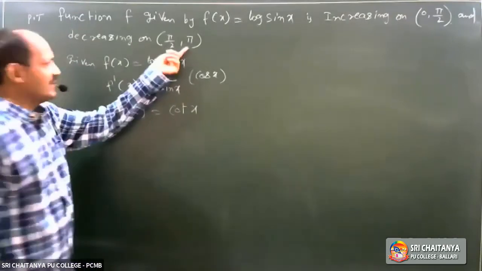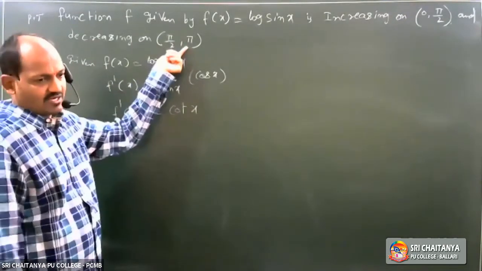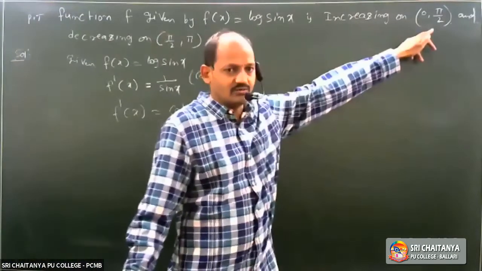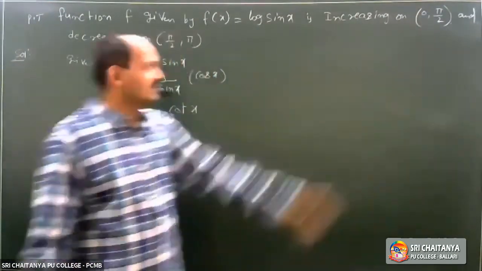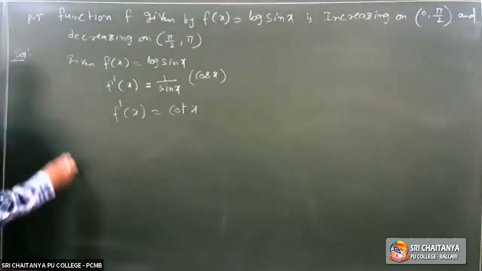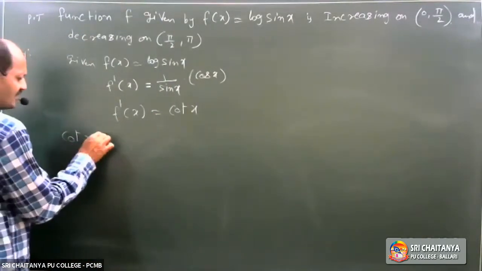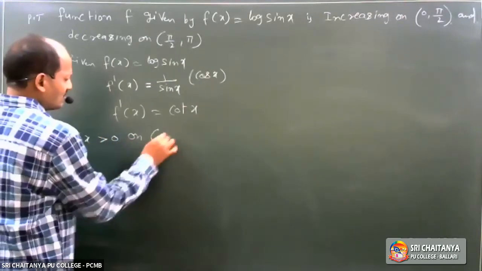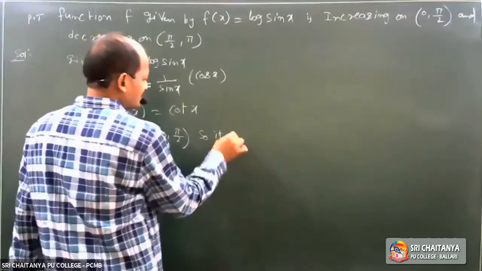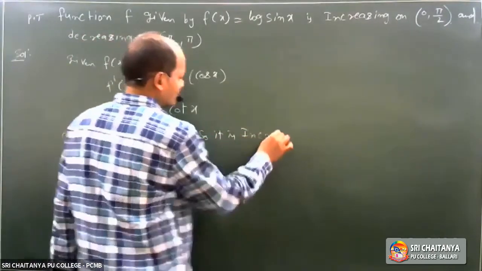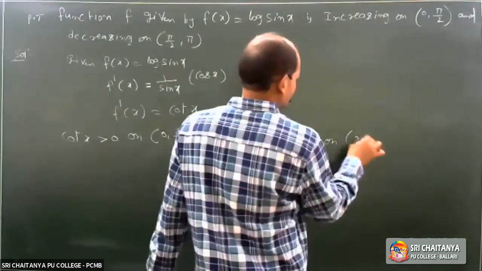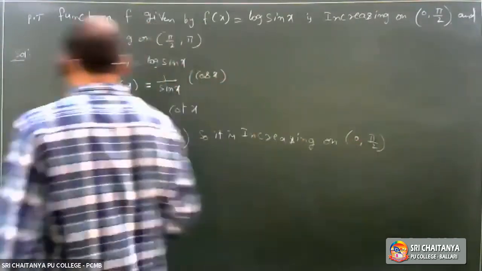But in pi by 2 to pi, it is the second quadrant. In the second quadrant, cot is negative. So first quadrant positive, so it is increasing. Second quadrant negative, so it is decreasing. So cot x is greater than 0 on 0 to pi by 2, so it is increasing on 0 to pi by 2.